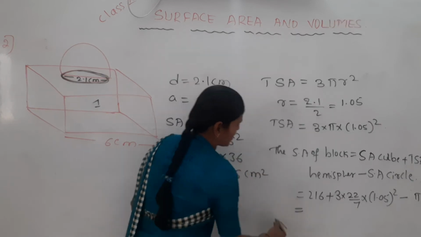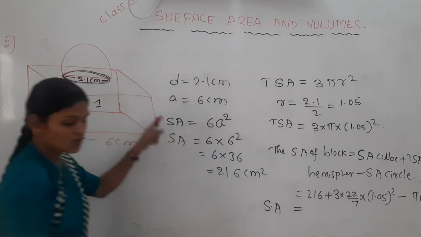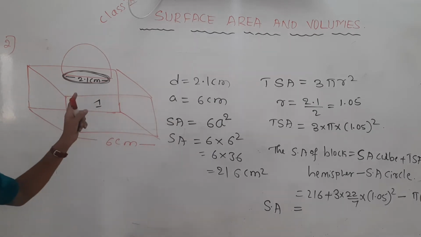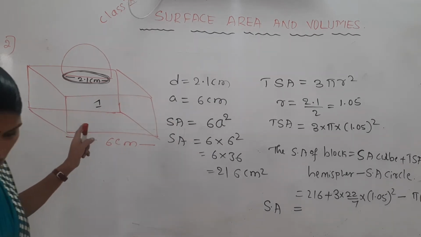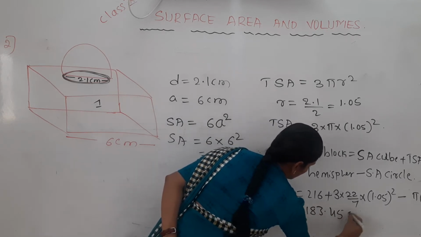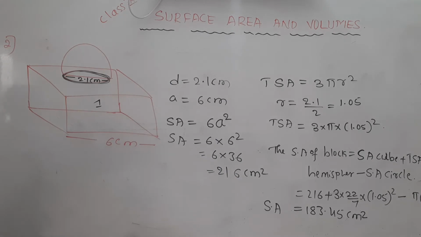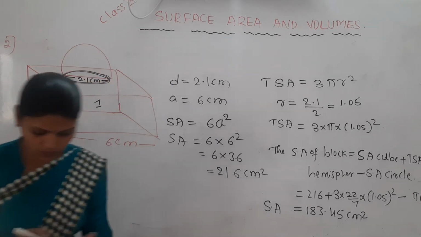Now if you simplify this, you will get the resultant surface area of this block as 183.45 centimeters square. Okay, take this one.